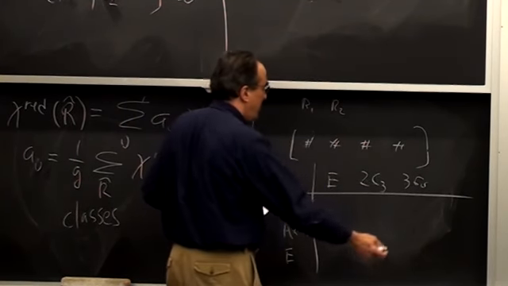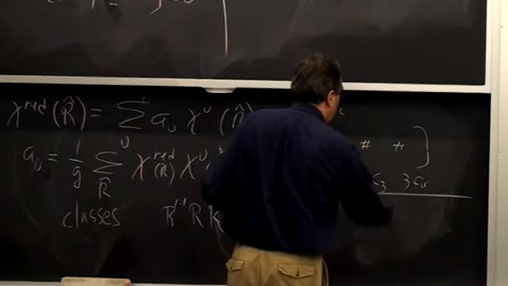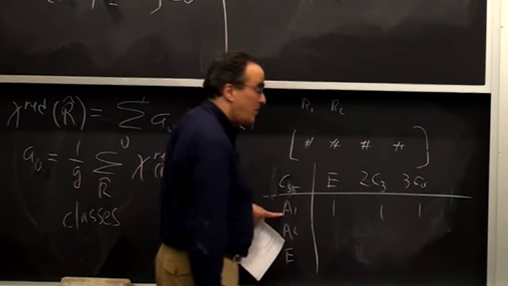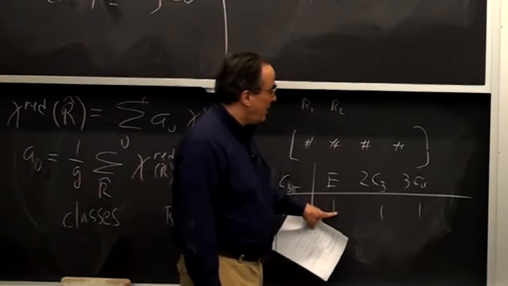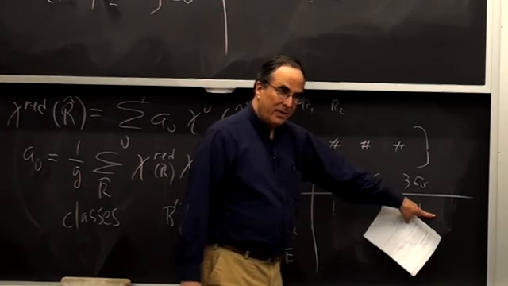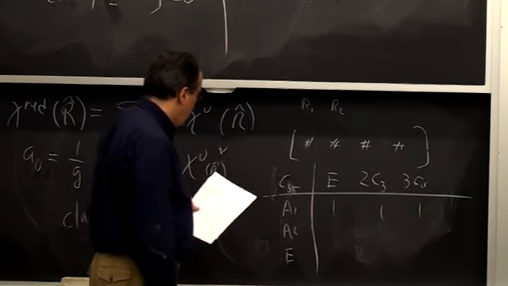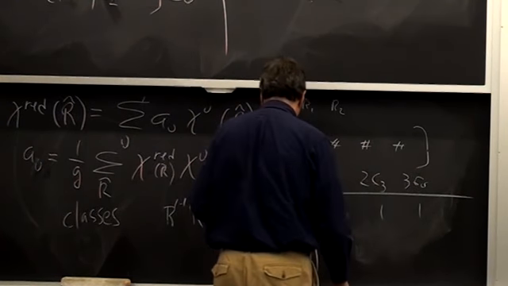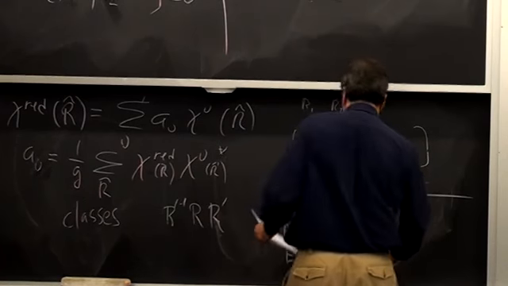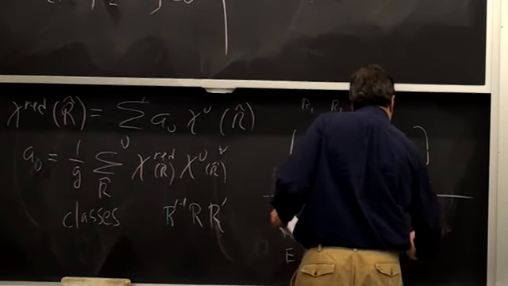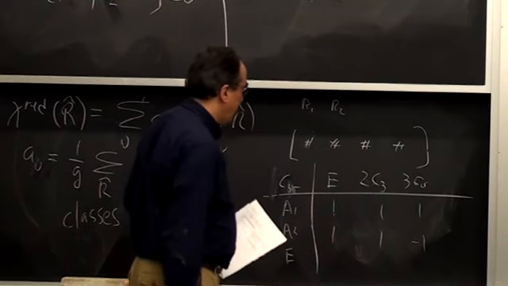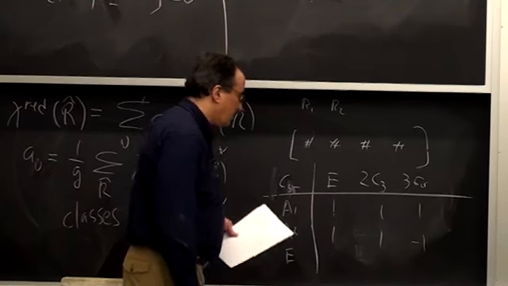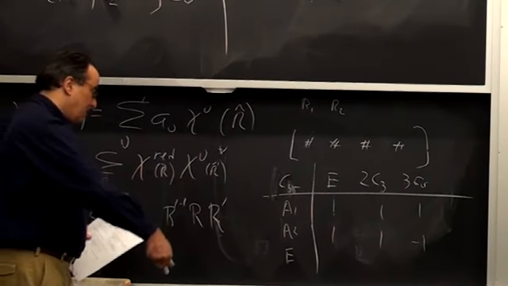And so in this character table, you have the characters for each of these. This is the totally symmetric representation. Nothing happens, and so you just get ones. A2 is odd with respect to reflection planes, and even with respect to rotation.